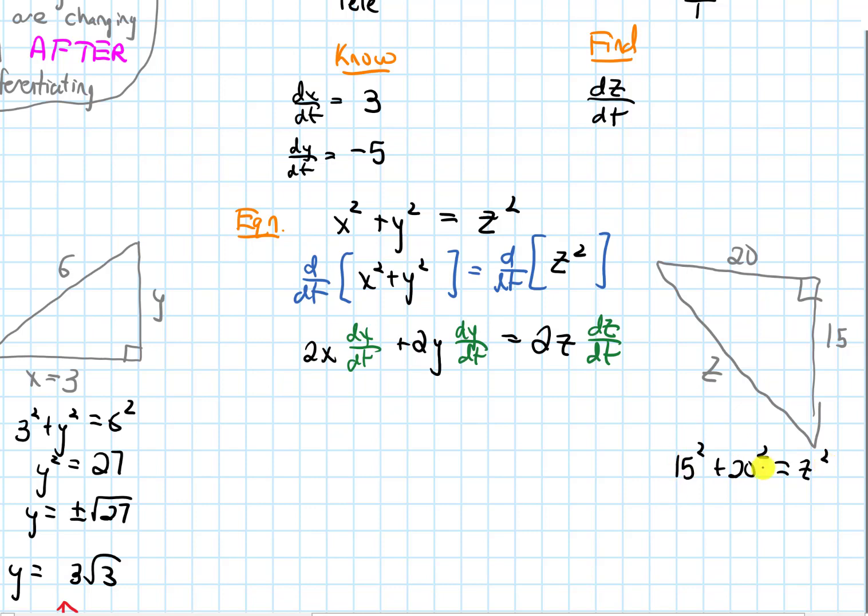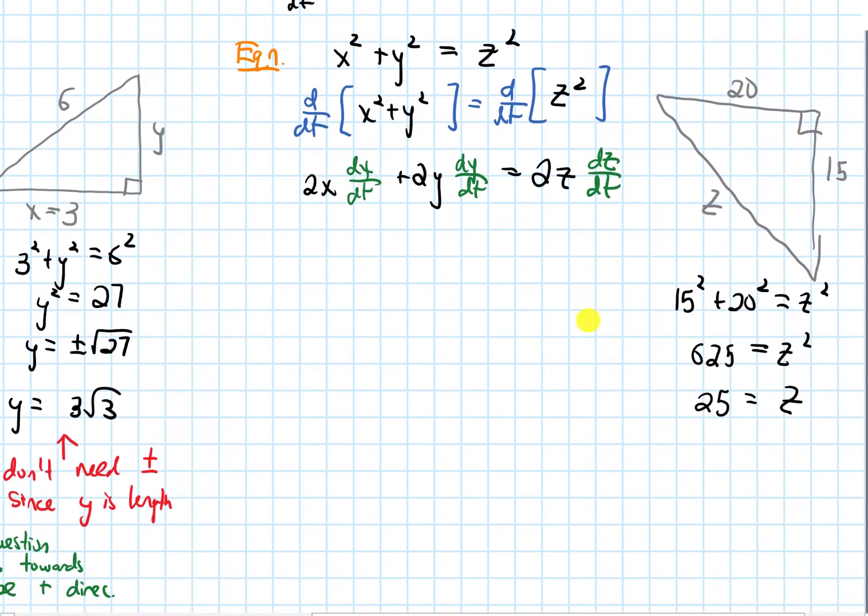And simplifying, the left-hand side becomes 625 equals z squared. And if I square root this, the square root of 625 is 25. And as we've seen before in problems like this, we don't need a plus or minus since z is a length.